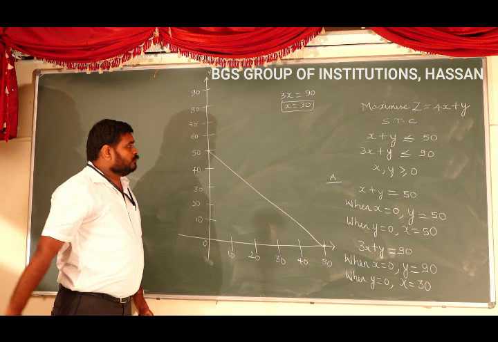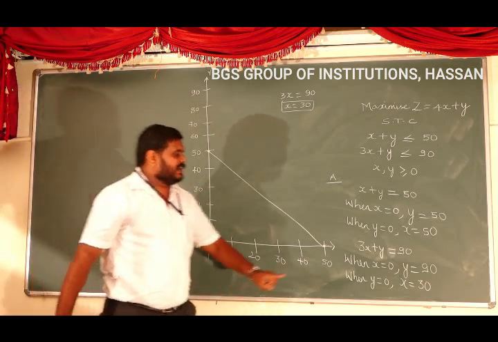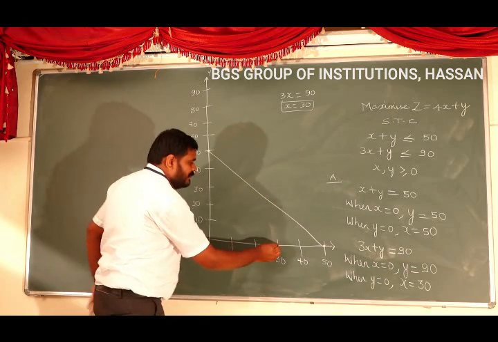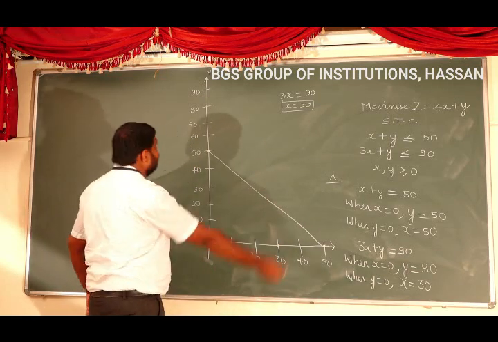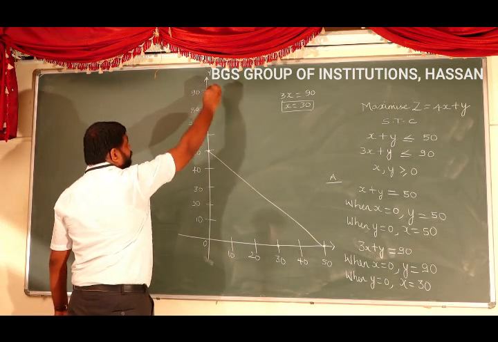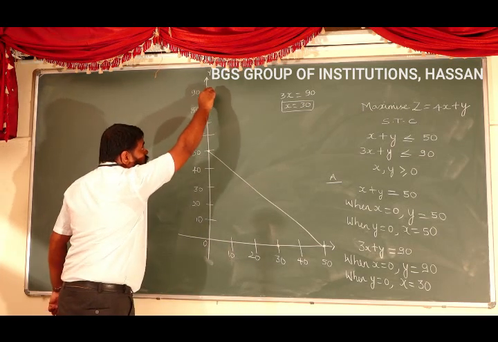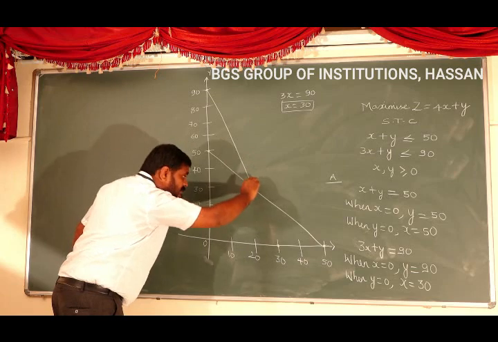Now, after joining those 2 points, let me take again x is equal to 30, y is equal to 90. Let me take x to be 30 here and y to be 90 here. Again, I need to join these 2 points.